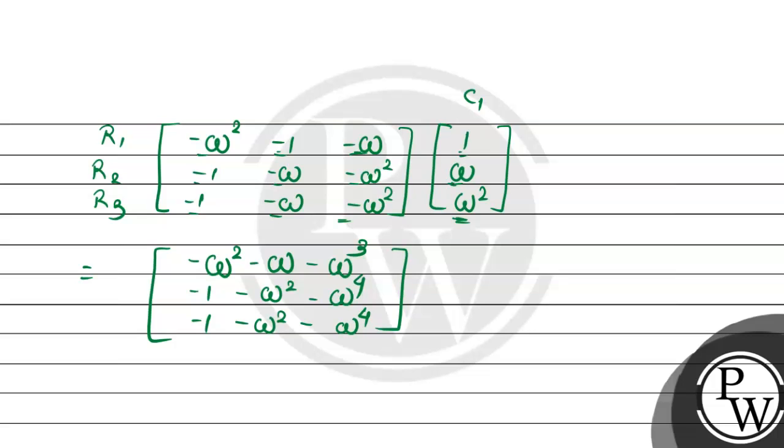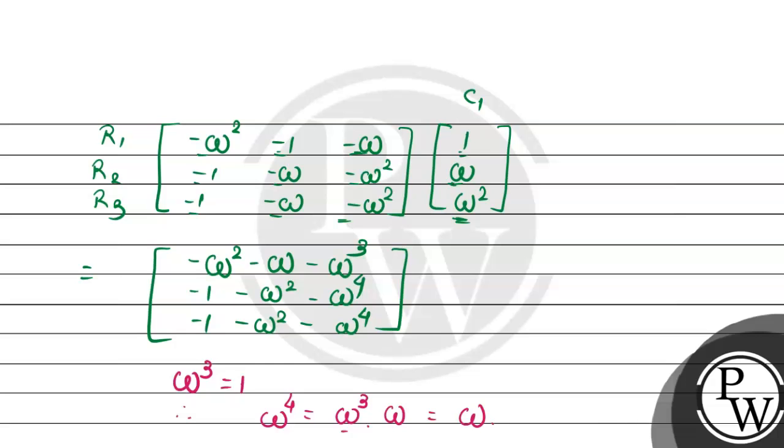Bracket over, right? So here, we have discussed one property that omega cube is equal to 1. So can I write omega raised to 4 is equal to omega cube into omega, as omega cube is 1, into 1 omega, so it will be omega, right?